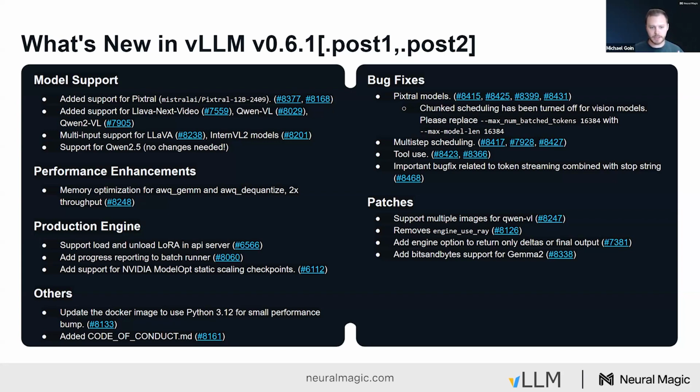There's additional work on the batch runner and getting progress reports on that. Then we did add support for NVIDIA ModelOpt FP8 checkpoints, although that's pretty early. We are working with NVIDIA on trying to support their quantization formats that they use for TensorRT-LLM. And then there was also an update to the Docker image for Python 3.12.